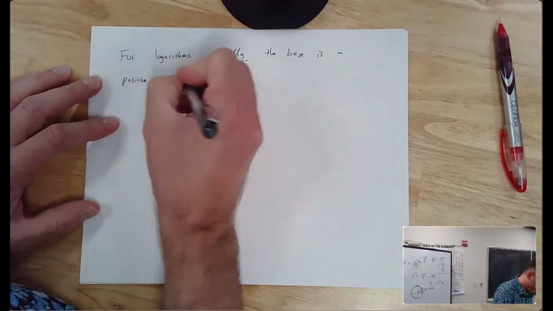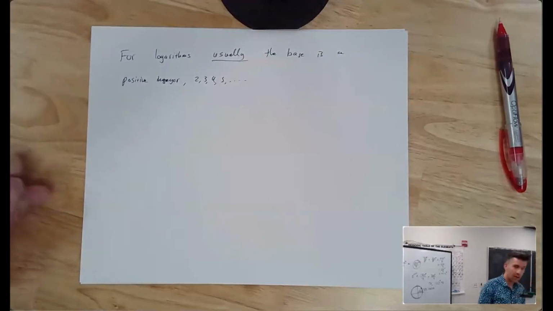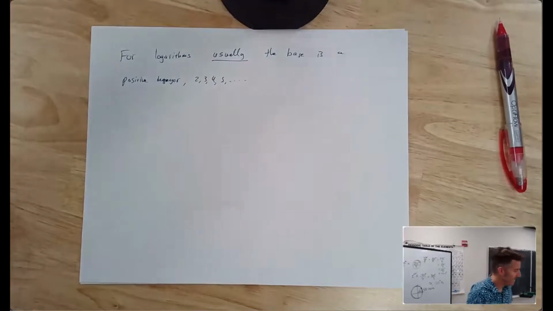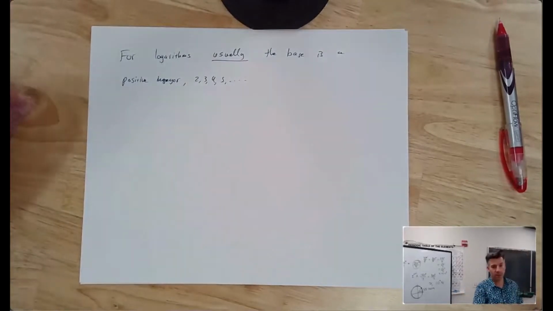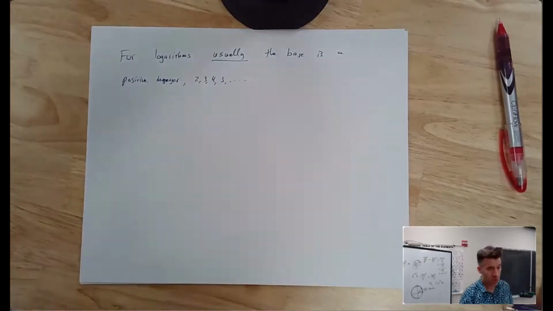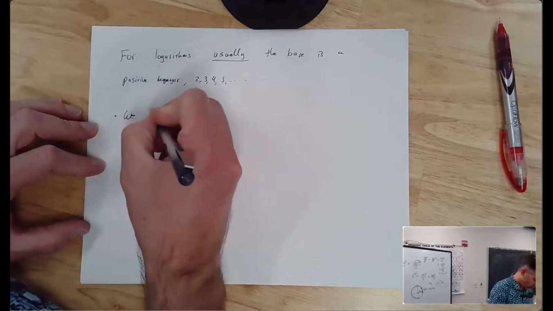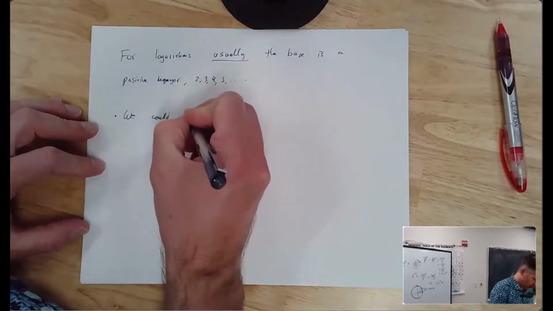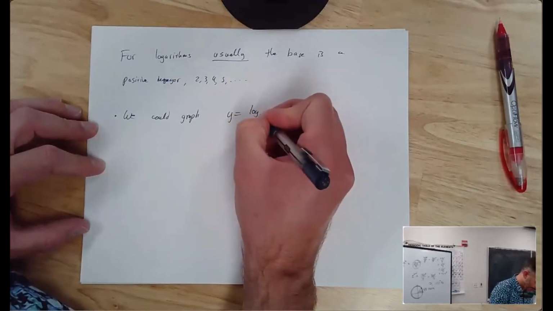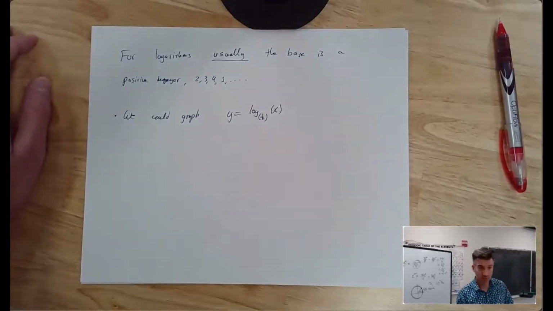Integer: 2, 3, 4, 5, etc. So you can have a base that is not like that. Usually you won't see this, but it is possible. We could graph something like y equal to log base 1/2 of x, but it's weird.